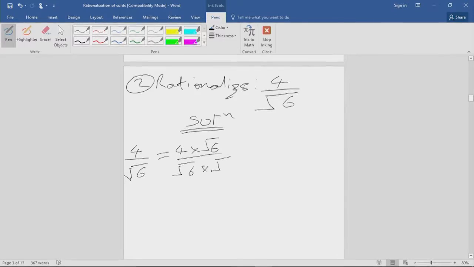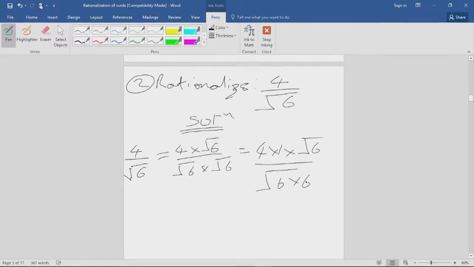Okay, and this gives us what? 4 times root 6 is what? Remember there is always a 1 in front of our square root sign there. That is 4 times 1 times root 6, all upon the square root of 6 times 6.